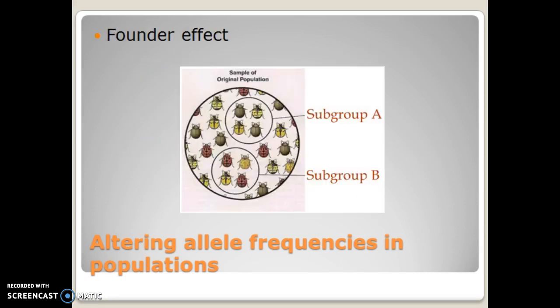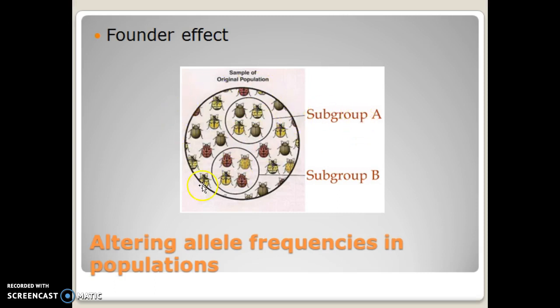The founder effect is a bit of an extension on genetic drift, and it occurs partly by chance. So in this population, in the larger circle here, we see 2 subpopulations, subgroup A and subgroup B. The founder effect is essentially like this.